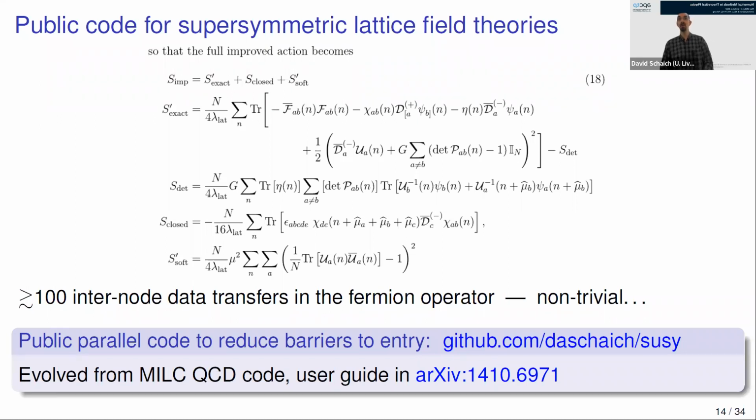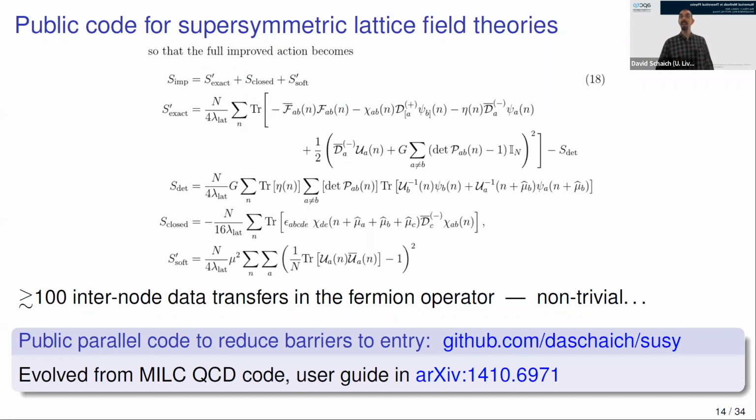So even though N=4 super Yang-Mills as a quantum field theory is particularly simple, its implementation for practical lattice calculations gets a bit complicated, in particular with over 100 internode data transfers for every application of that fermion matrix, the matrix-vector product that forms the core of the conjugate gradient algorithm used to repeatedly invert this Dirac operator in the numerical rational hybrid Monte Carlo calculation.